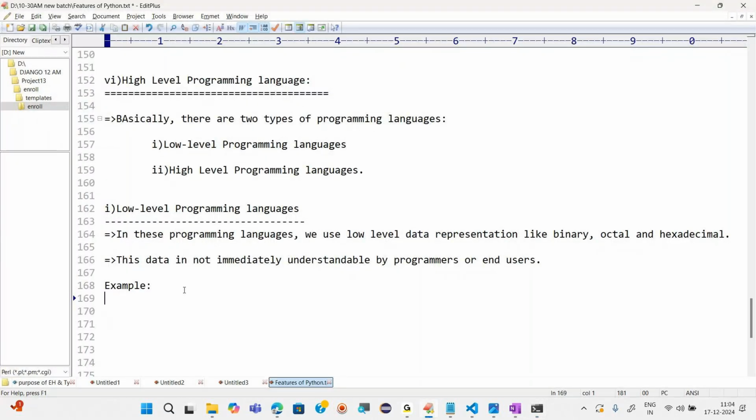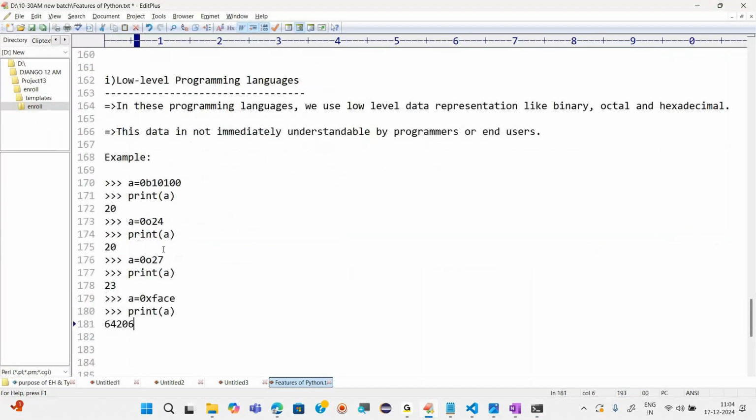This is the example for low level data. Clear? And I will keep a comment here: this is known as binary, this is octal, this is hexadecimal.